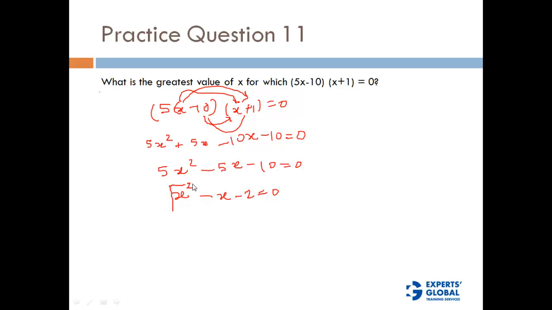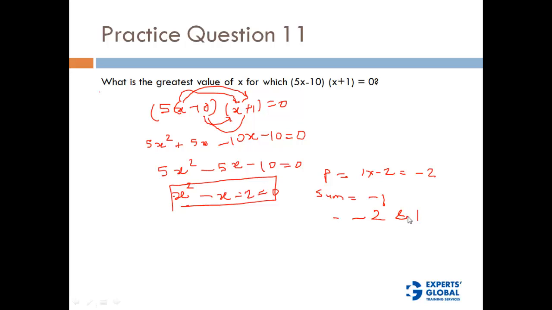So we have to find two numbers such that the product is equal to the coefficient of x square into the constant, which is 1 into minus 2, so the product is going to be minus 2 and the sum is going to be minus 1. Those two numbers are going to be minus 2 and 1.